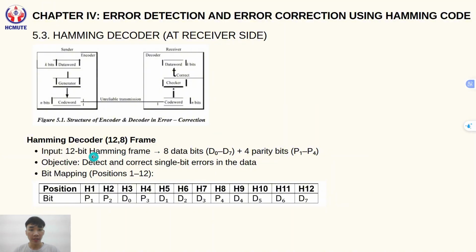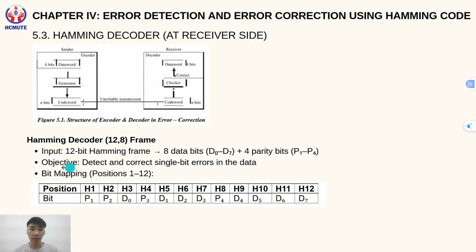The input of the Hamming decoder is a 12-bit Hamming frame received from the transmission channel. This frame consists of 8 data bits from D0 to D7 and 4 parity bits from B1 to B4, arranged in standard Hamming positions 1 to 12.